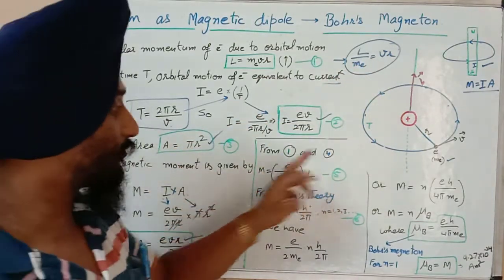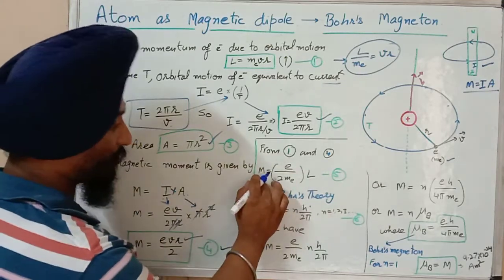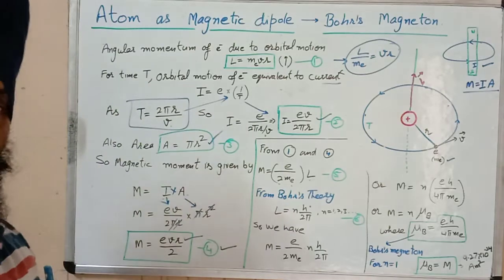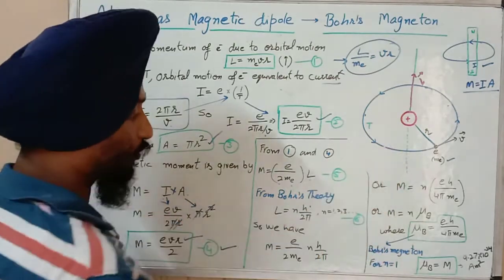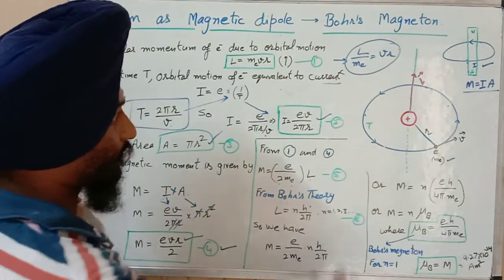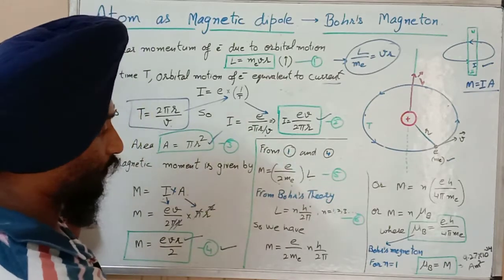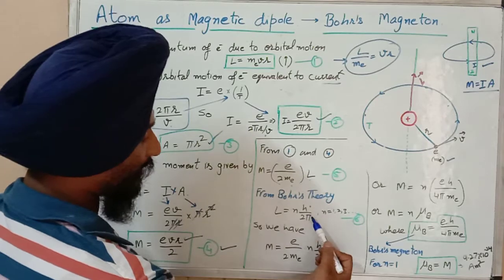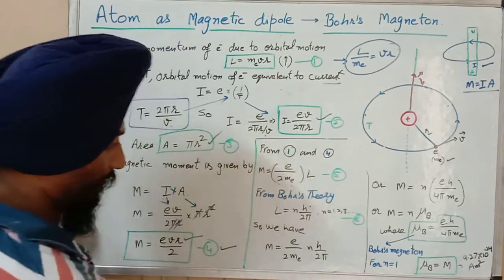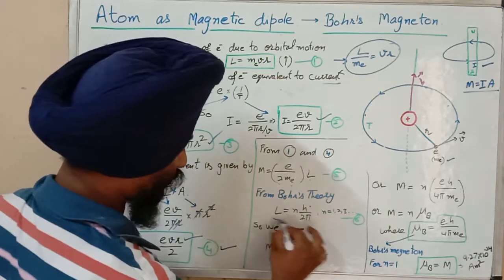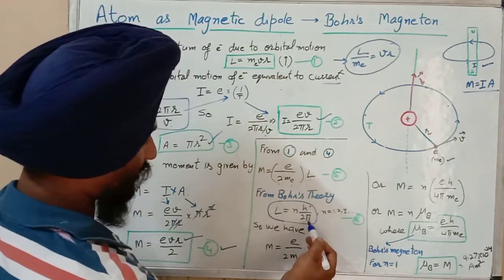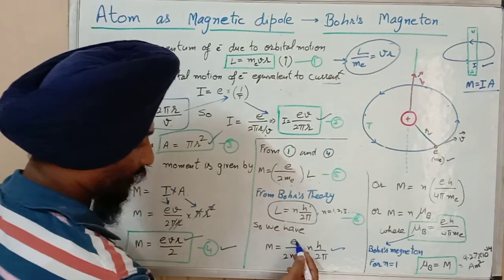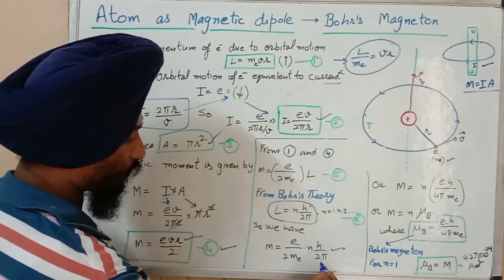So from 1 and 4 we get M equal to e upon 2 me into L. Now according to the well-known Bohr's theory for orbital motion of the electron, we know that the angular momentum is always an integral multiple of h upon 2 pi. So by putting this value of L in equation number 5, we get e upon 2 me into n h upon 2 pi.